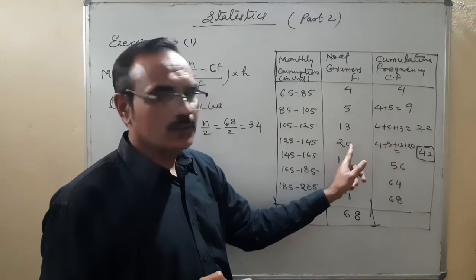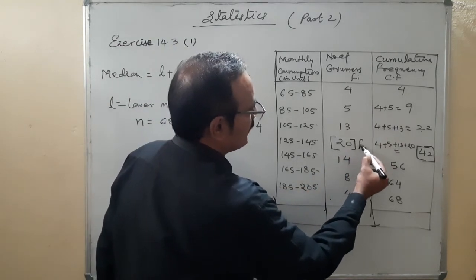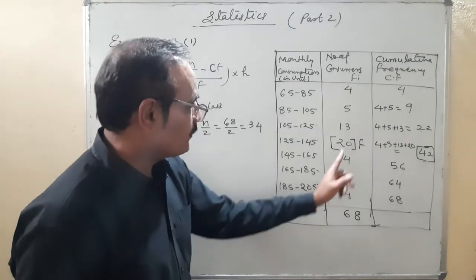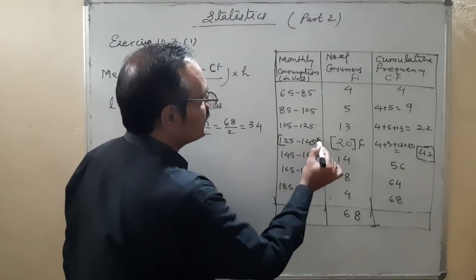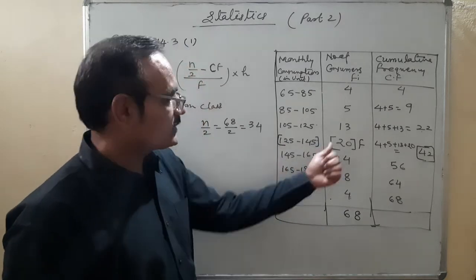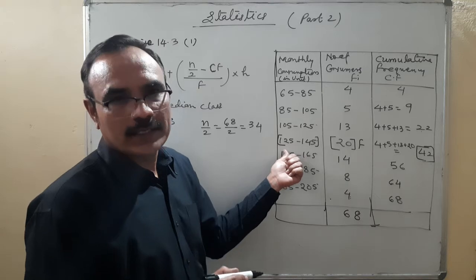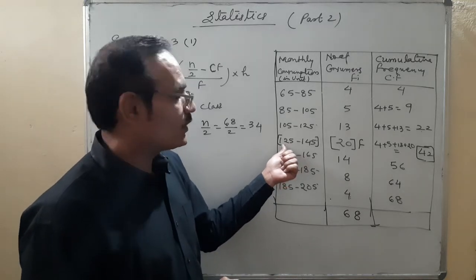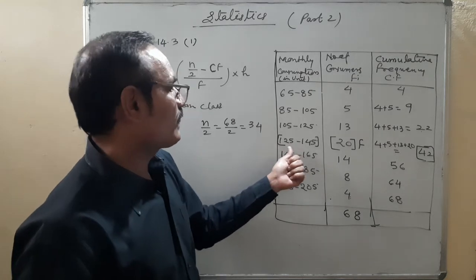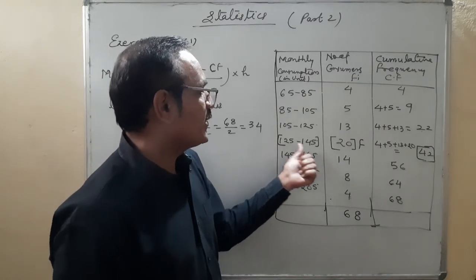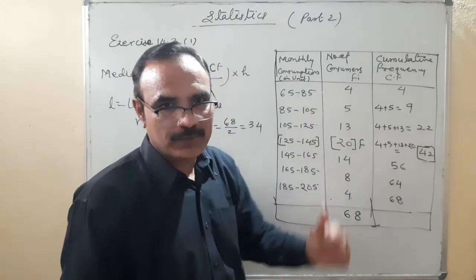In front of 42, in the frequency column, this is F. In front of F, this class is called the median class, and 125 is the lower median limit. So l is 125, F is equal to 20, and CF, cumulative frequency.